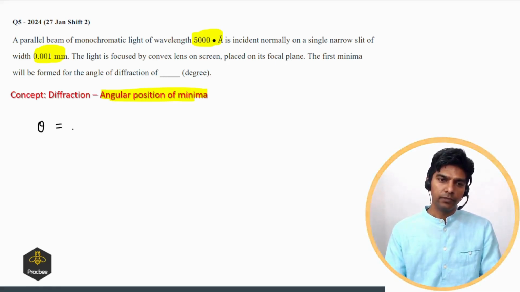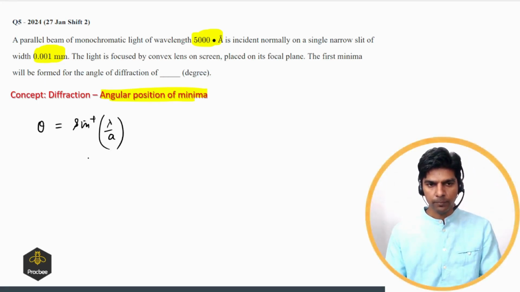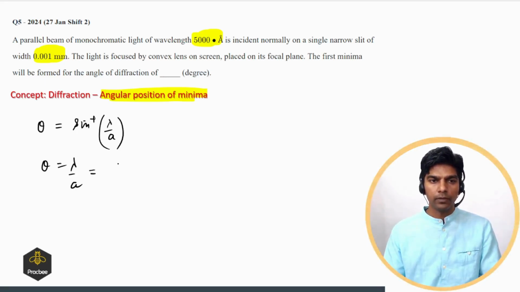So we know that theta will be sine inverse lambda by a for the first minima, and lambda is given as 5000. Since lambda by a is very small, theta can be written as lambda by a, right? No, not very small. Let me just put the values.